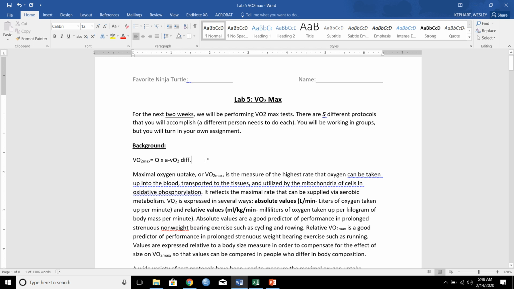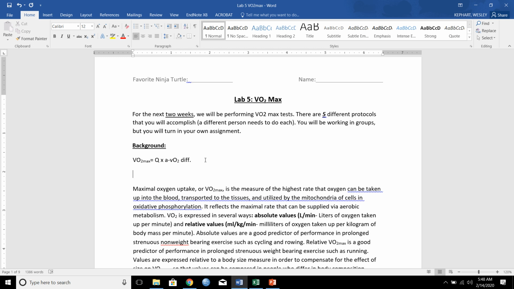Hopefully everyone knows that Q is equal to CO, which stands for cardiac output, which is just equal to our heart rate multiplied by our stroke volume, SV.